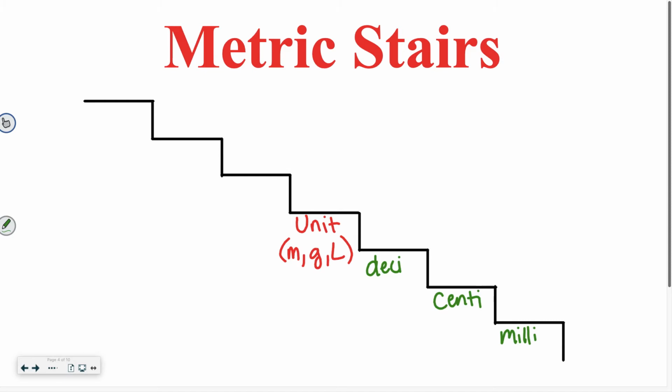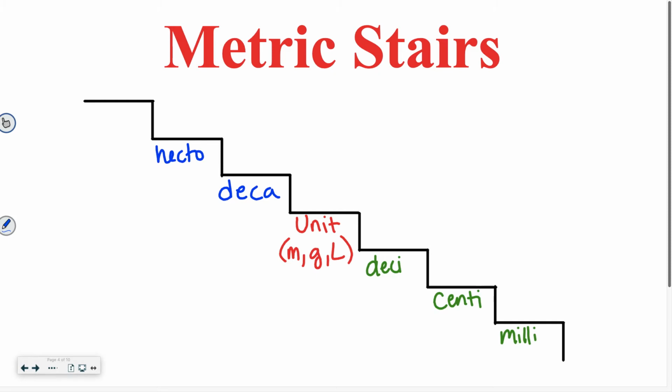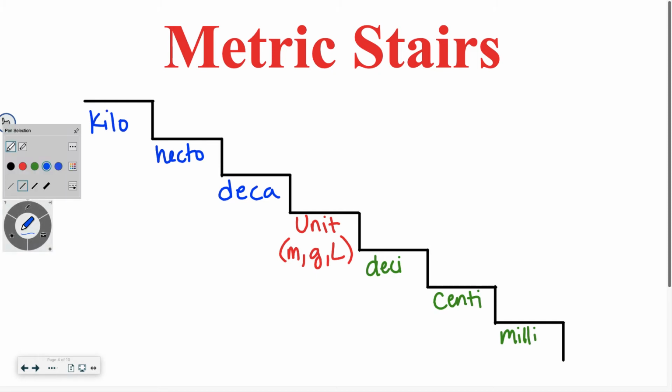But deci, centi, milli. Then to get larger, we say deca, hecto, and kilo.